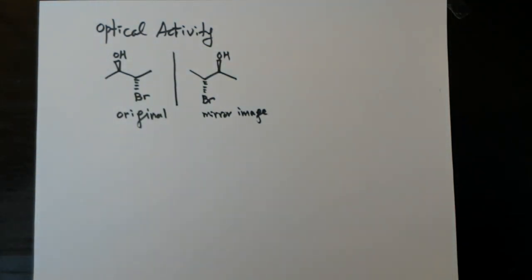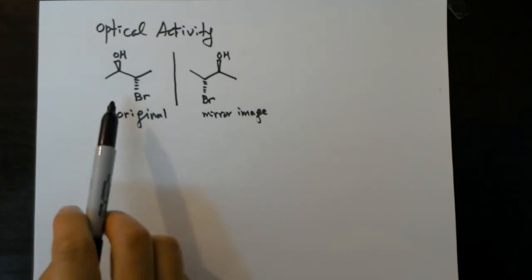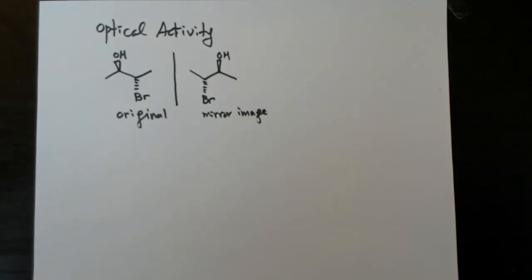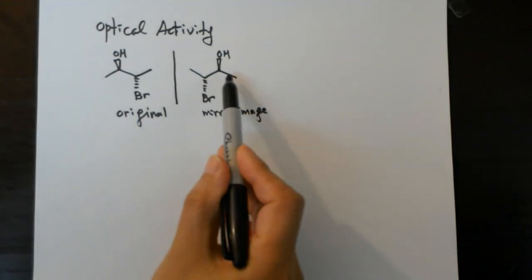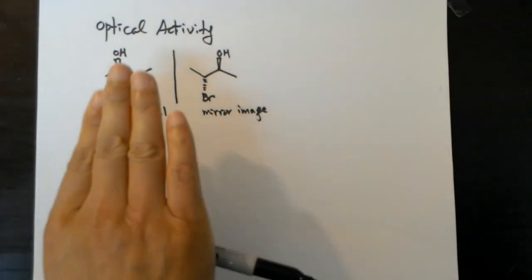Alright, so then you can imagine and try to superimpose them in this form, or you can turn into other drawing forms we talked about before, like a Fischer projection, a Newman projection, etc. Say you want to use these drawings, and you flip this molecule 180 degrees.